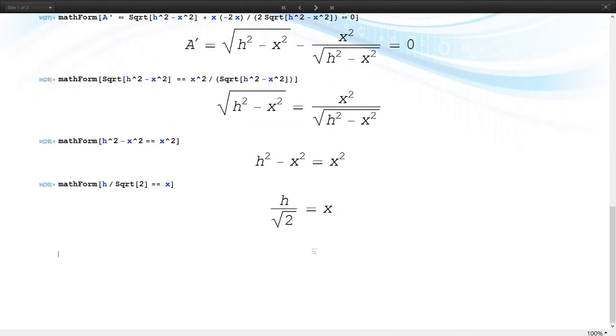So we have x squared plus y squared equals h squared, which means that we have h squared, when we substitute in for x, over 2 plus y squared is equal to h squared.